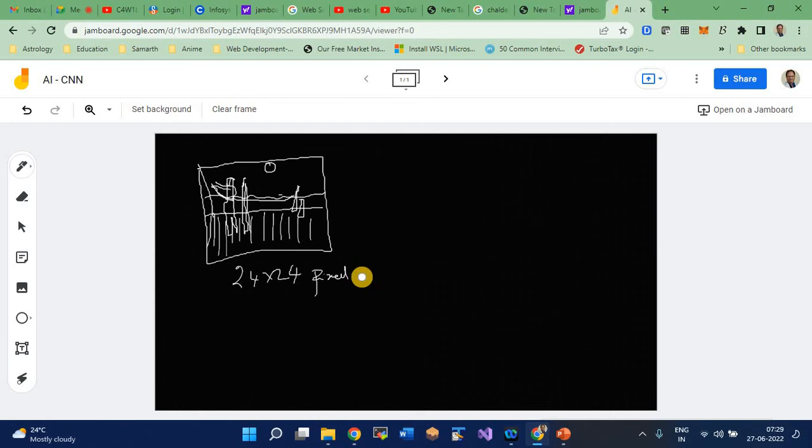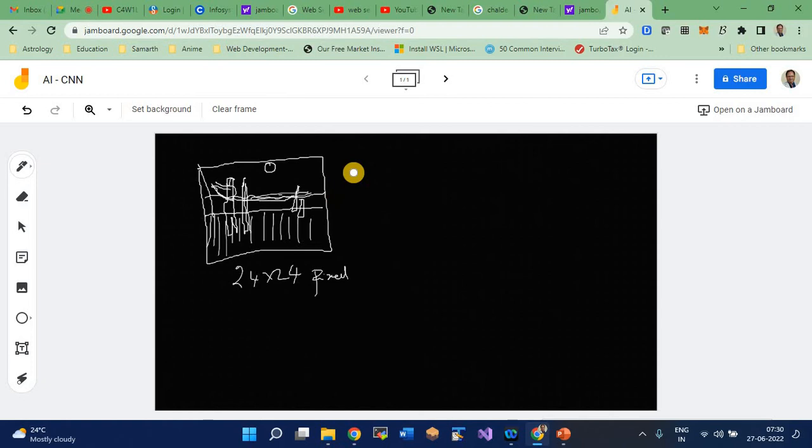Now if you want to do edge detection, that means you want to find out whether there are some people standing, or somebody else is standing, or if there is something floating on the image.